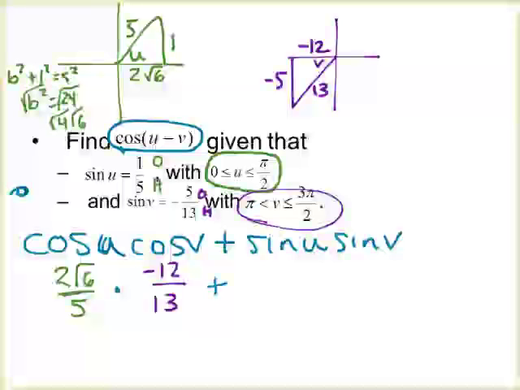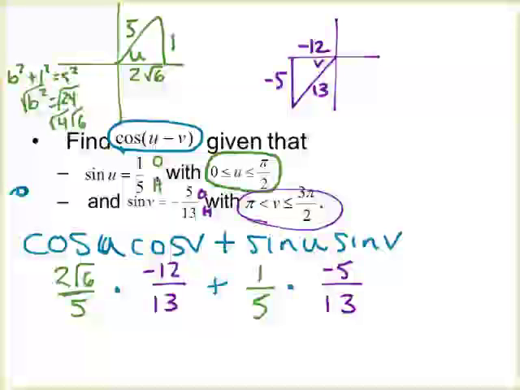Plus the sine of u, we could either look at the triangle and do opposite over hypotenuse, or that was actually our given information, that sine of u was 1/5. And also for v, looking at the v triangle or our given information, sine of v is -5/13.